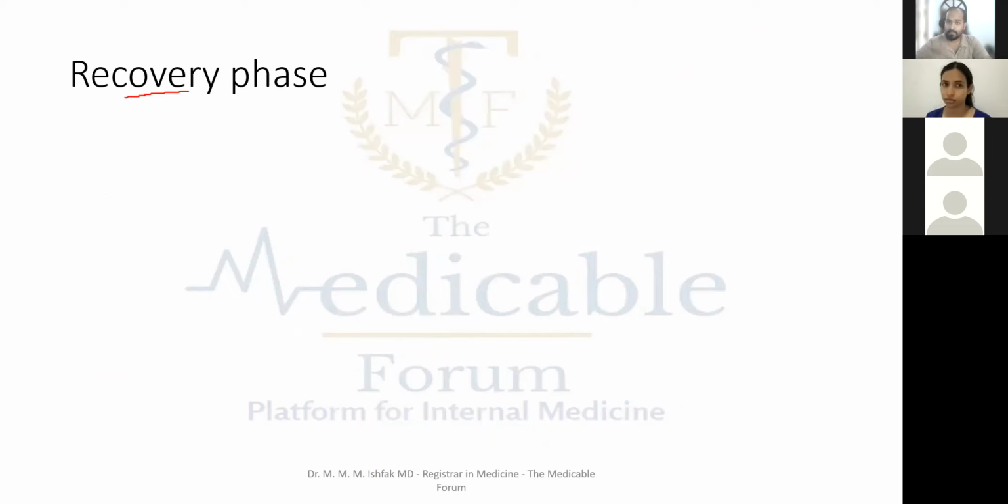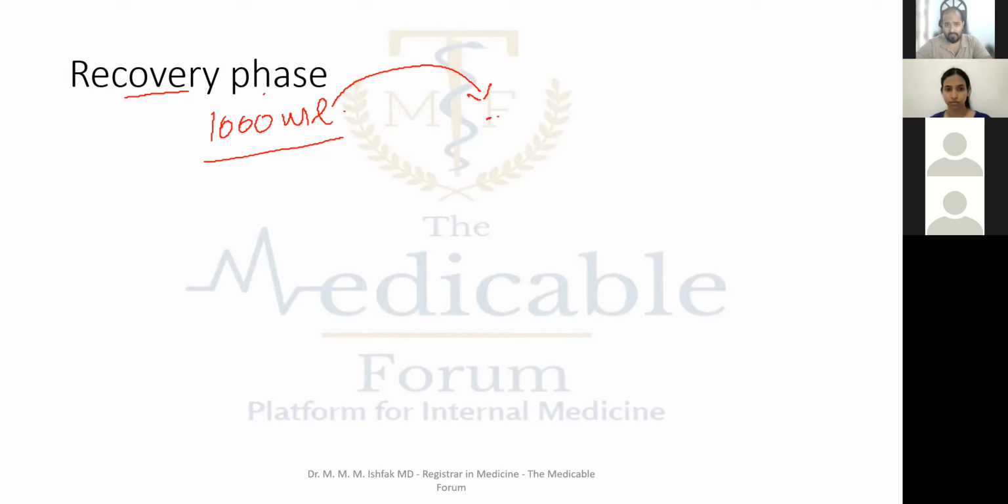Then what happens? All the fluid which has leaked out to the extravascular space will be reabsorbed back into the intravascular space. Now let's say you have leaked 1000 ml out to the extravascular space. During the recovery, all this 1000 will come back to the vascular space.